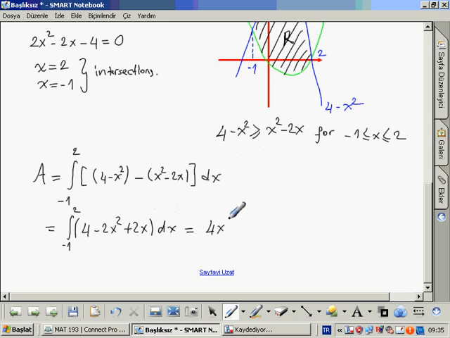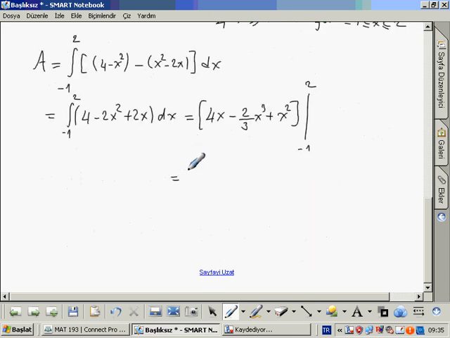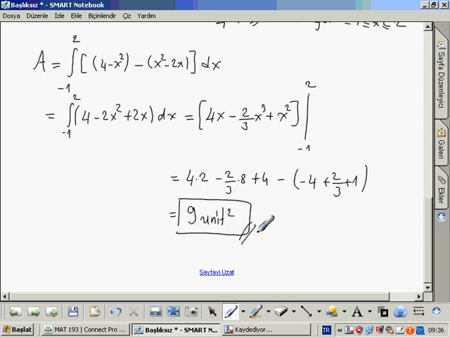It will be easy for you: 4x minus 2 over 3 x cubed plus x squared, evaluated from minus 1 to plus 2. That is 4 times 2 minus 2 over 3 times 8 plus 4, minus minus 4 plus 2 over 3 plus 1, and it equals 9 unit squares, the total area.